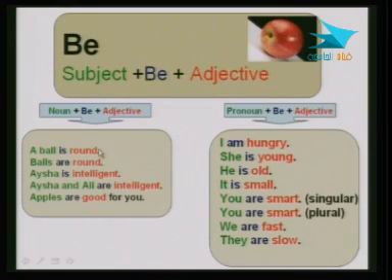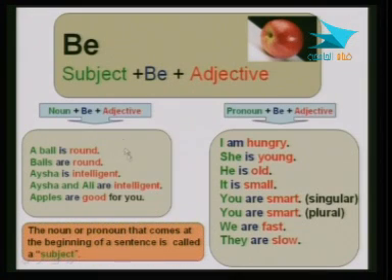The adjective here and in this sentence doesn't change. So we do not change the form of the adjective because of the change of the subject. The adjective form stays the same, regardless of whether we have a singular subject or plural.